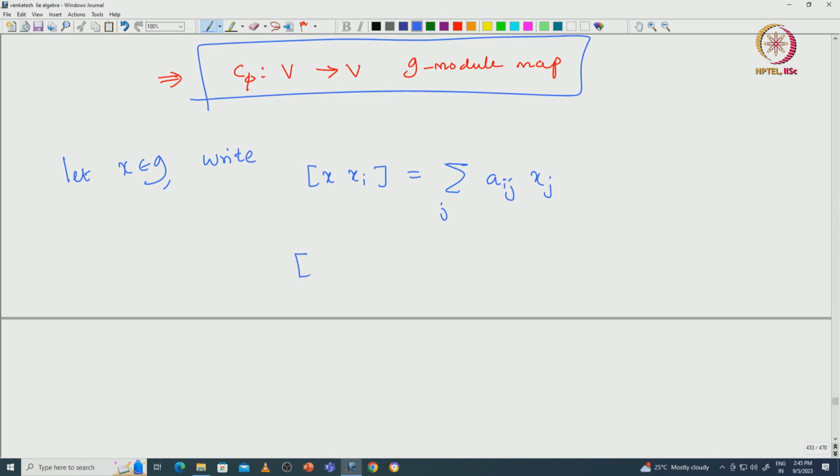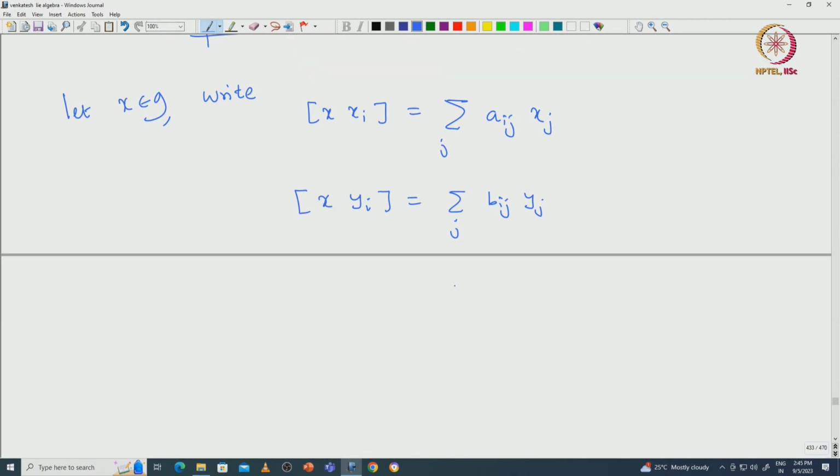Similarly, we write x comma y_i to be the summation b_ij y_j, where j runs over 1 to m. Now using the associativity, we will see some relations between the coefficients a_ij and b_ij.